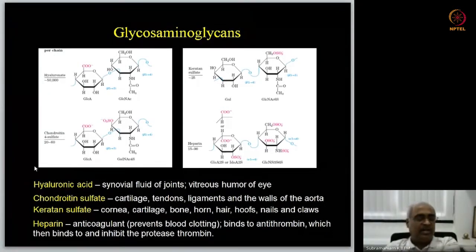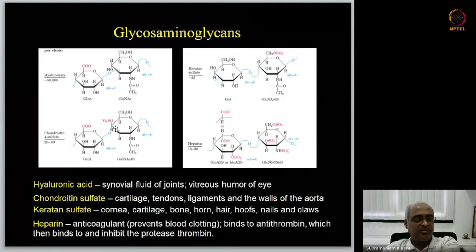And another such glycosaminoglycan is chondroitin sulfate. These are much shorter than hyaluronic acid, as you can see here, 20 to 60. And these are sulfated, so you have a sulfur group attached. Instead of N-acetyl glucosamine, this is N-acetyl galactosamine having a sulfur group attached here.